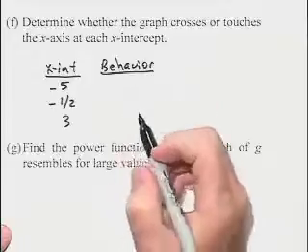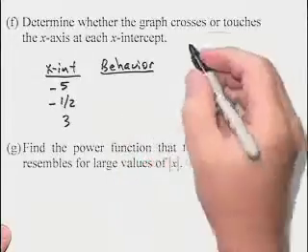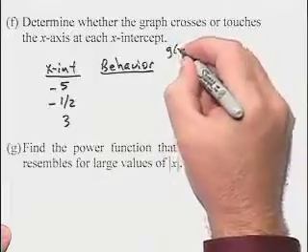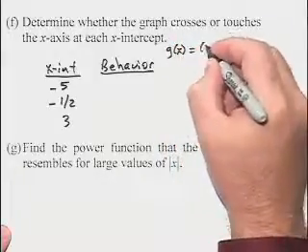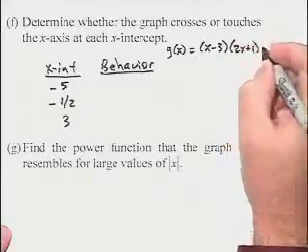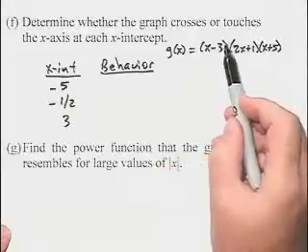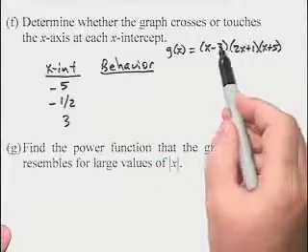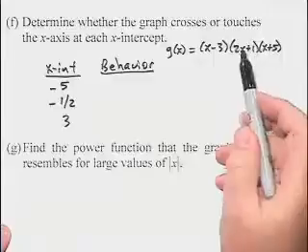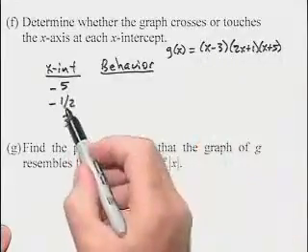Now, whether the graph crosses or touches at an x-intercept is determined by the multiplicity. We factored g of x as x minus 3 times 2x plus 1 times x plus 5. If we look at the exponent in each of these factors, you see that the exponents are all 1, which is an odd number. Each of these factors gives us one of our x-intercepts.